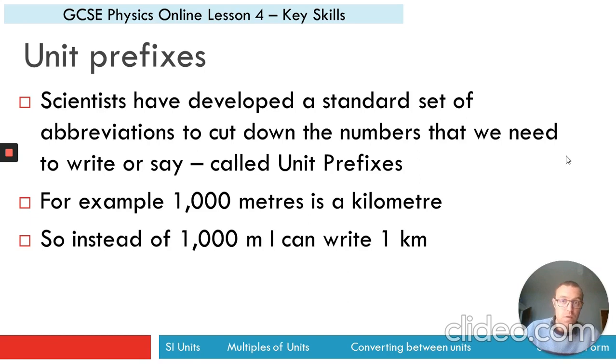So instead of writing 1,000 meters, small m, I can write 1 kilometre, which for example, distances between towns in the UK is going to make a lot more sense to me. The furthest distance from here to the furthest tip of Scotland is going to be about 800 kilometres. So by changing distances into kilometres, I can make units make a lot more sense than if I were to do it in metres.